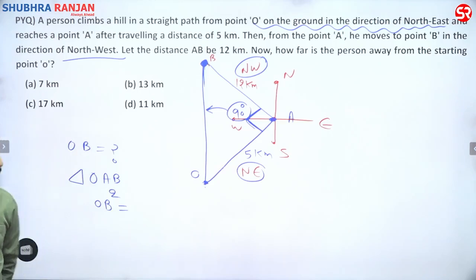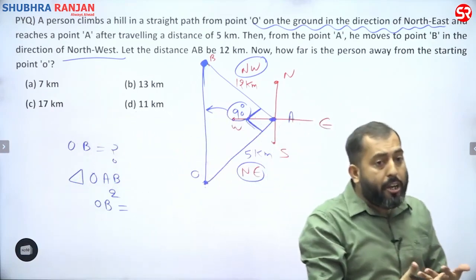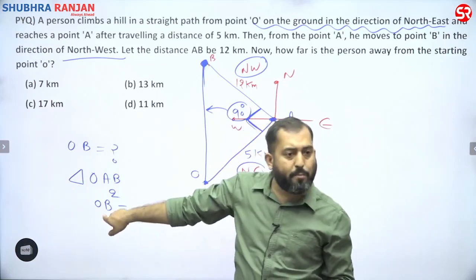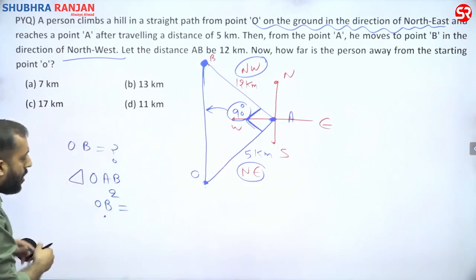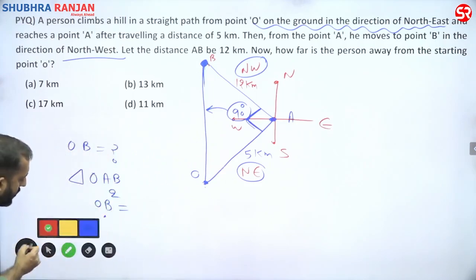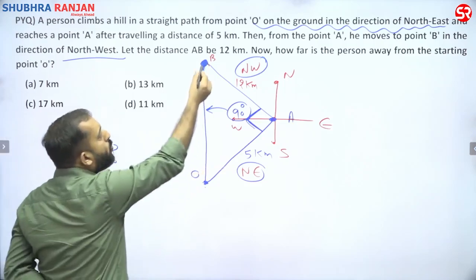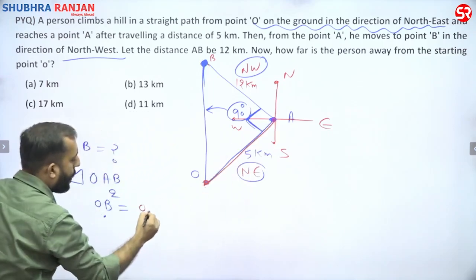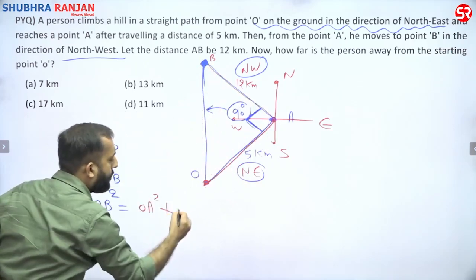Clear? Now, in a right angle triangle, by the Pythagoras theorem, the square of the hypotenuse is equal to the sum of the squares of the two other sides. The two other sides of this triangle are OA and AB.